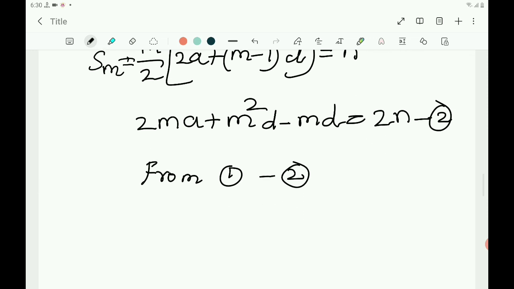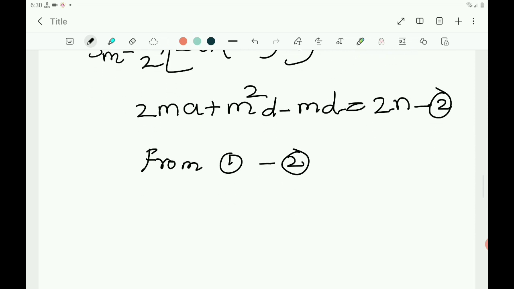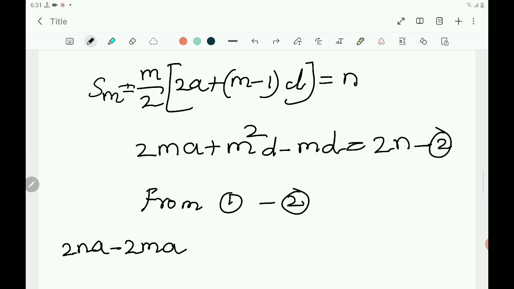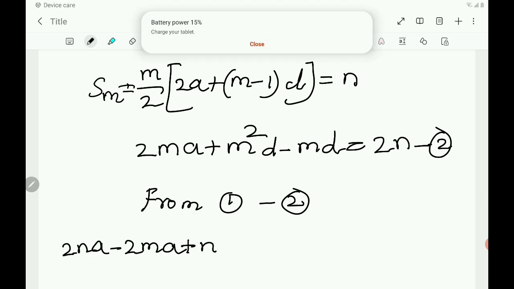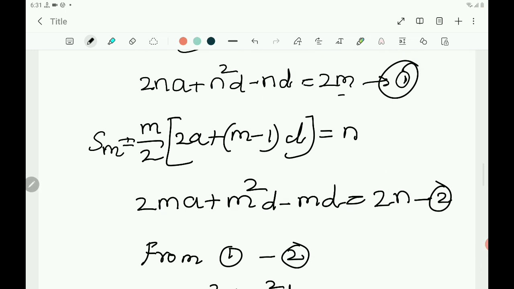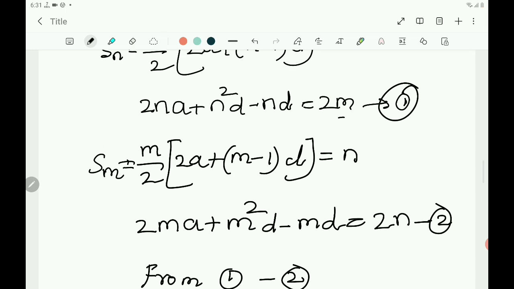Then we take 2na minus 2ma, and here n square d minus m square d, and minus nd minus of minus md.